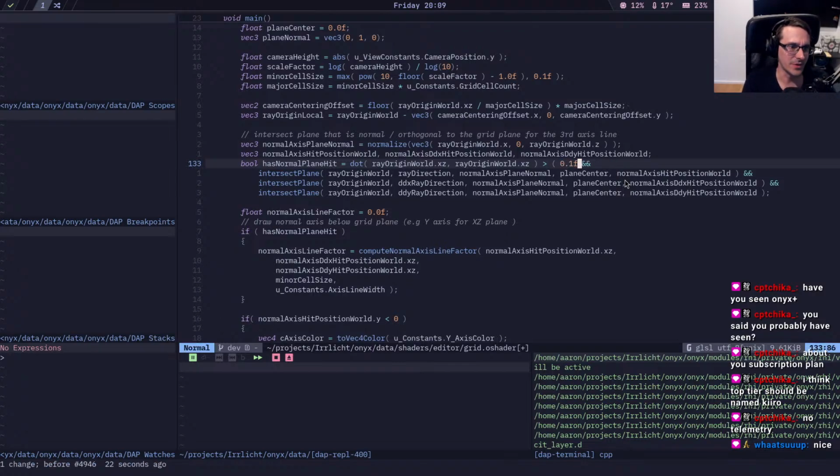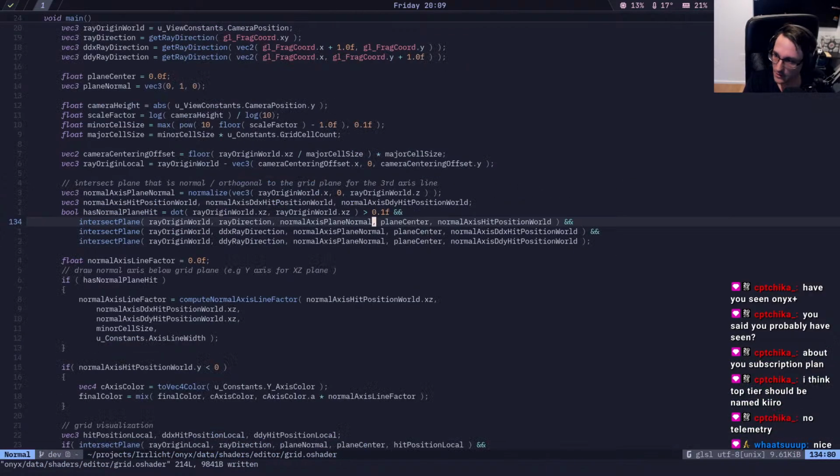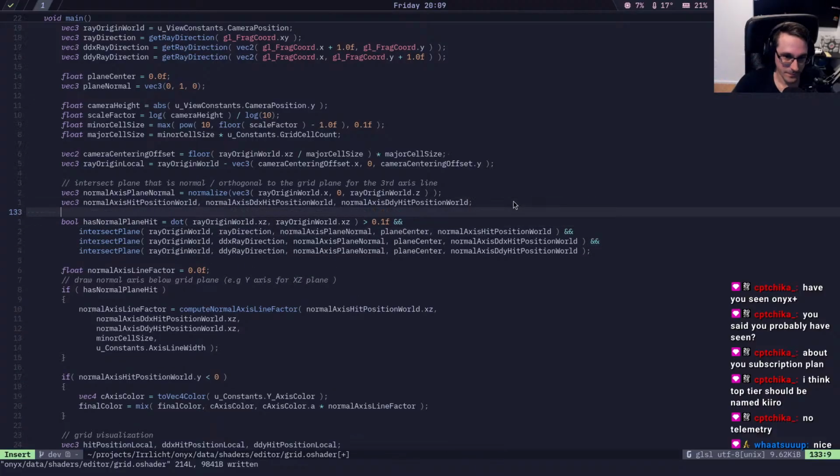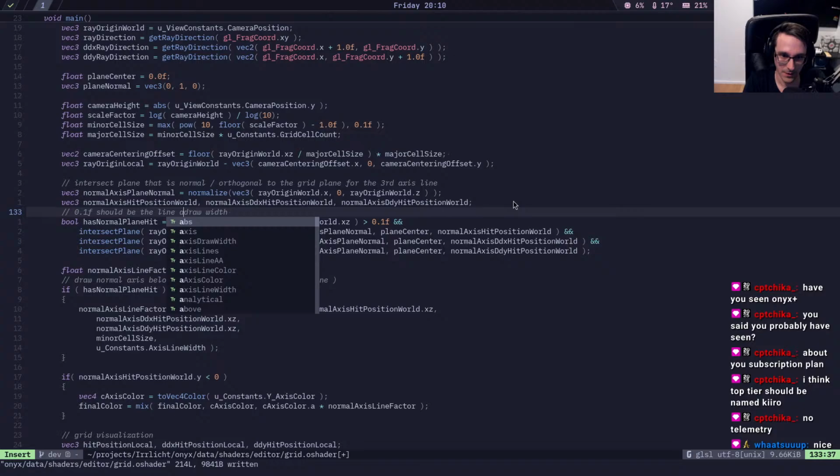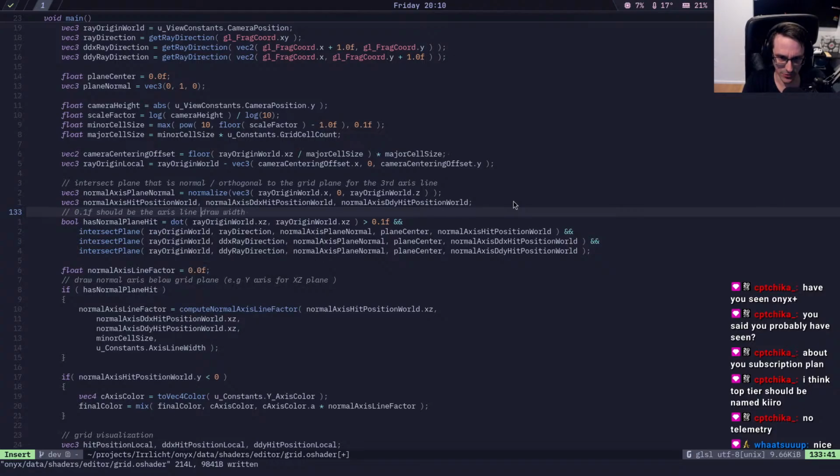No, it's probably something with the draw bit. I think we would need to make this based on the draw bit, which I don't have now. But yeah, we can think about that later. The axis line draw width.